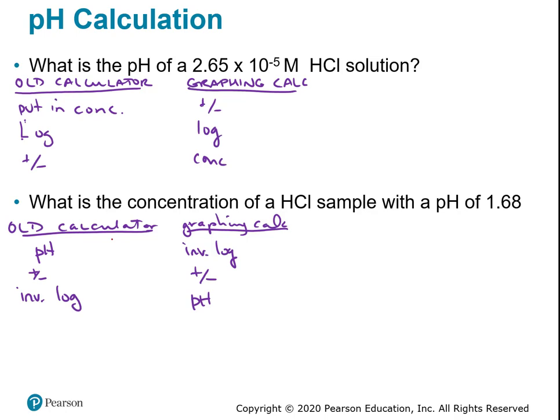So that button, Andrew, you might want to grab a calculator if you don't have one. That EE button really comes into play because remember, that's going to do that times 10 to the whatever. So in this one, if you have an old calculator, you've got to put in the concentration. How are you going to put this in for your concentration?